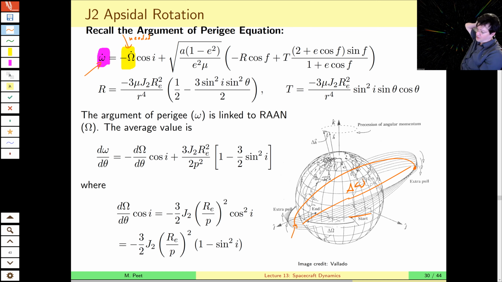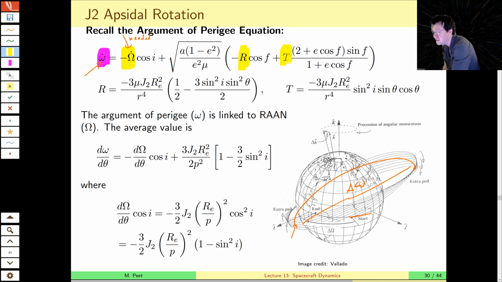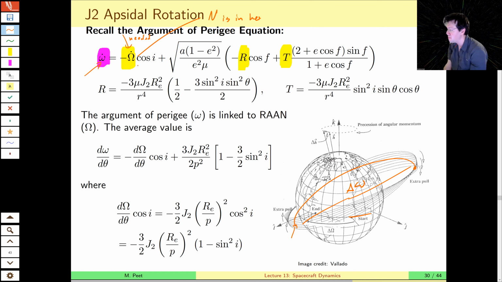Now, unlike right ascension, if we examine this expression for change in argument of periapse, we see a couple things. We first of all see R and T show up here significantly. In fact, they're the primary drivers. N shows up, but only indirectly, because remember, omega dot is defined by n.